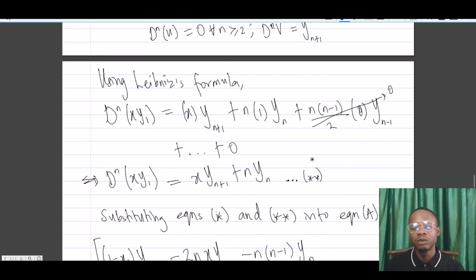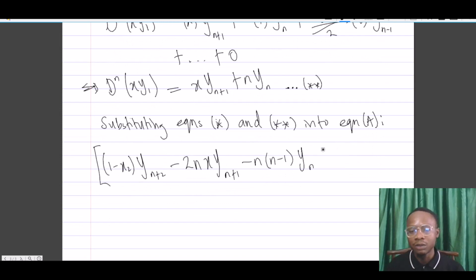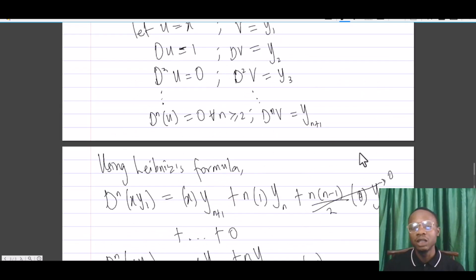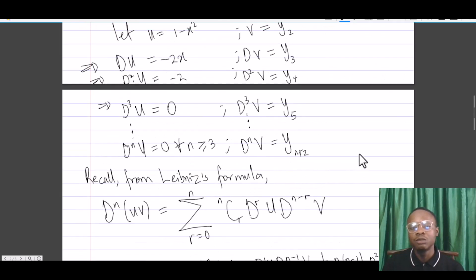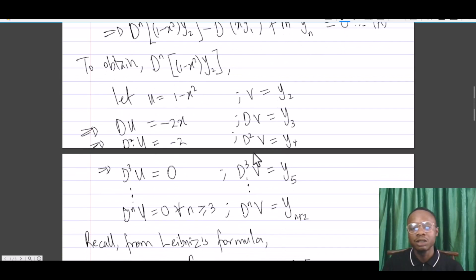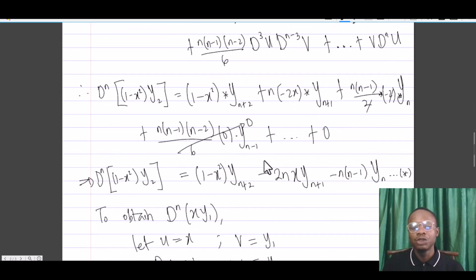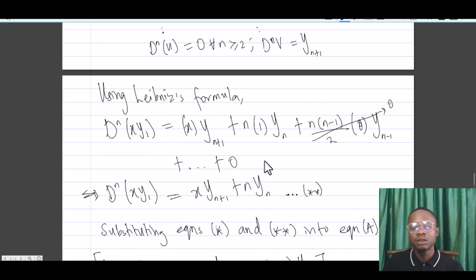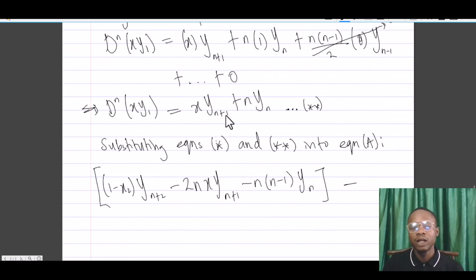So we're done with the expression from equation star. Then, by using equation A, don't forget, minus the second derivative that we obtained now, which is this expression here. So this is going to be minus of (x y_{n+1} plus n y_n). So we close the brackets.